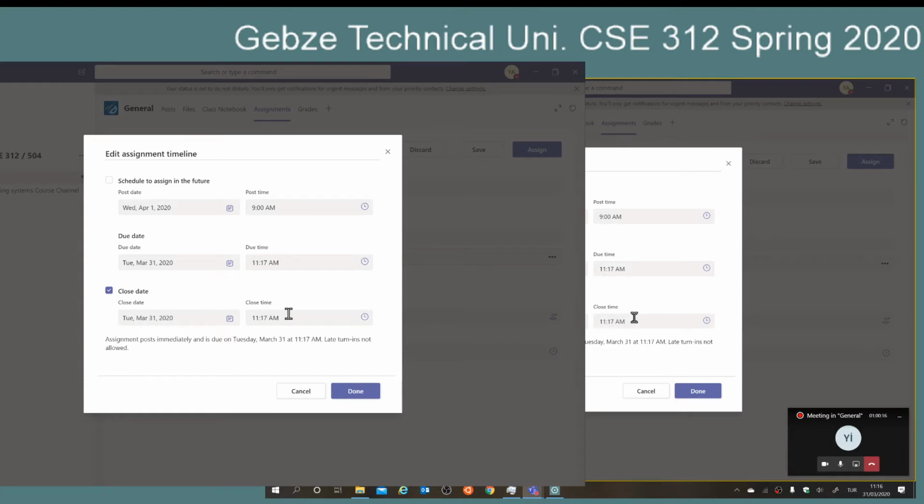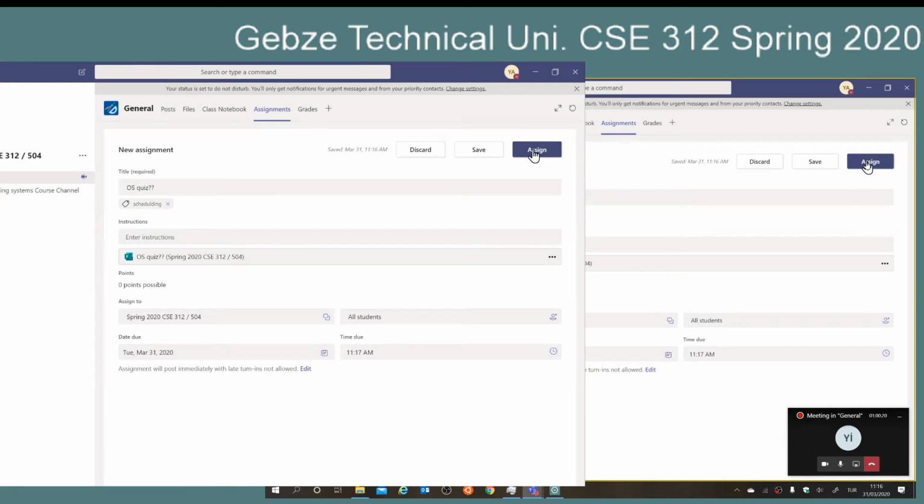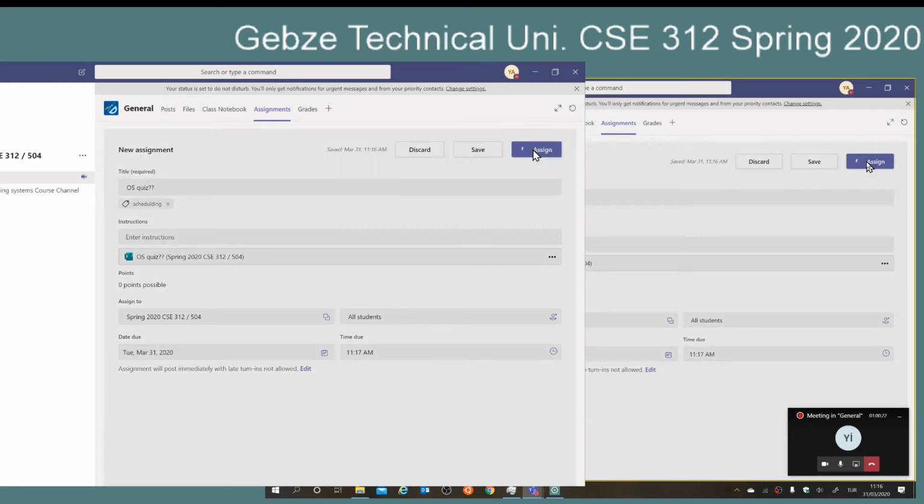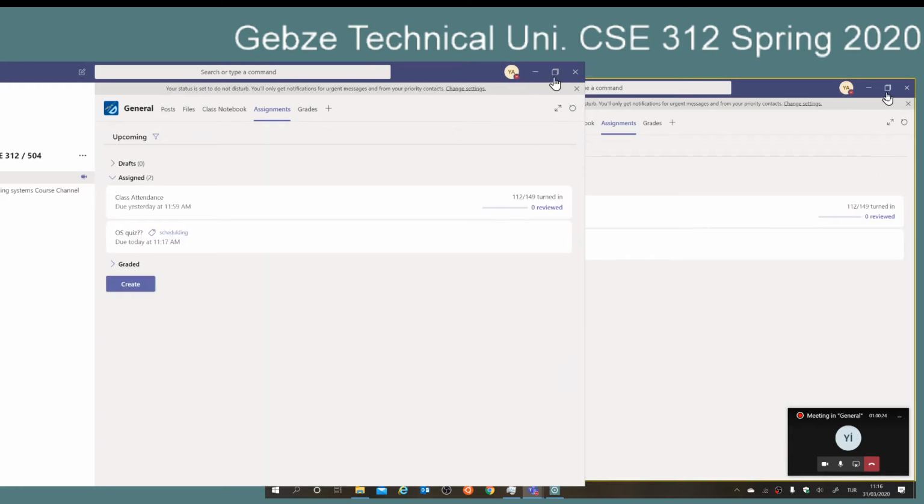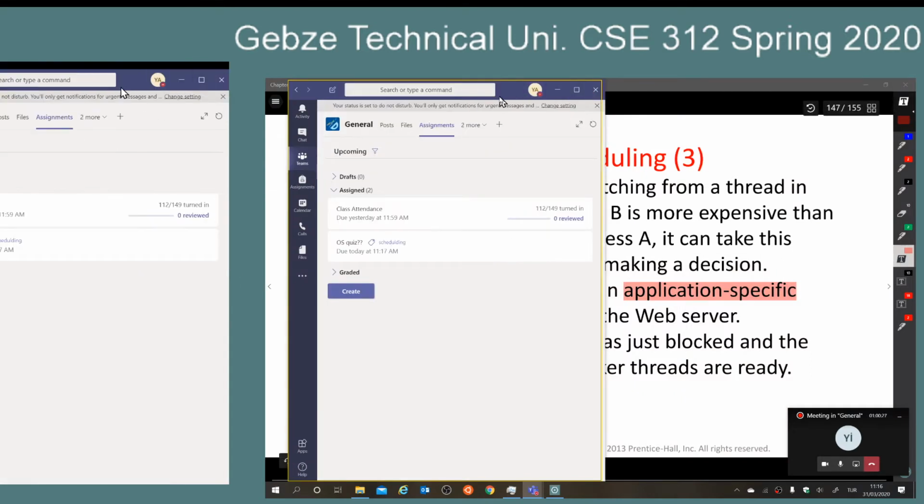Close date. Okay, good. So I made the assignment. You get the assignment. Okay, go fill that assignment now. Did you get the assignment? I don't see it here. Do I see it? Yeah, okay. So you have 1 minute.